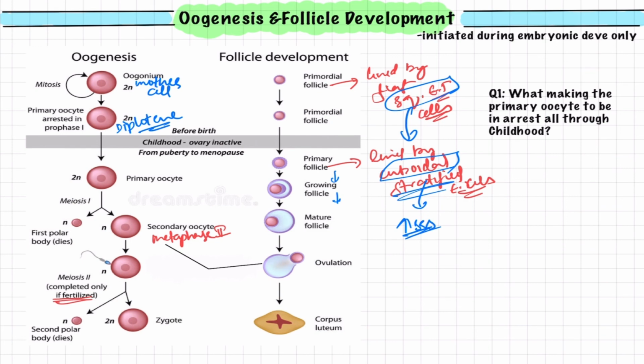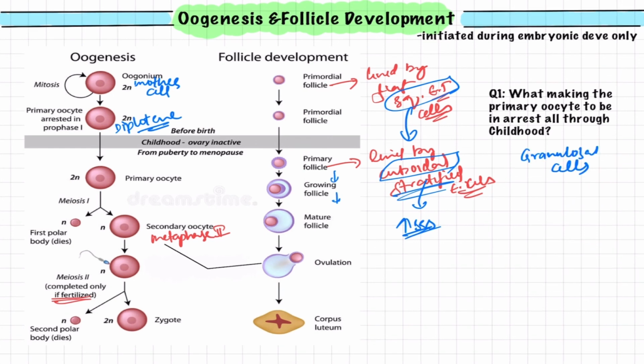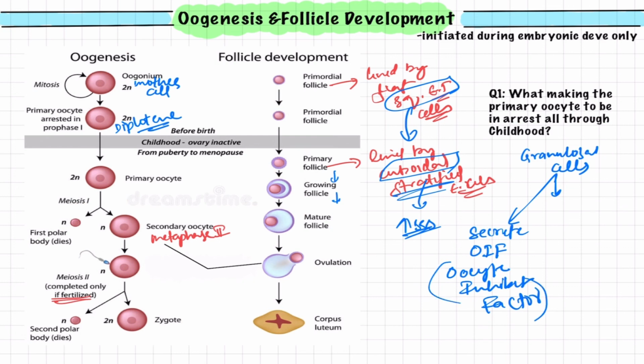The answer is that during childhood, the granulosa cells that are present secrete the OIF, that is the oocyte inhibiting factor, and they also nourish the ovum.